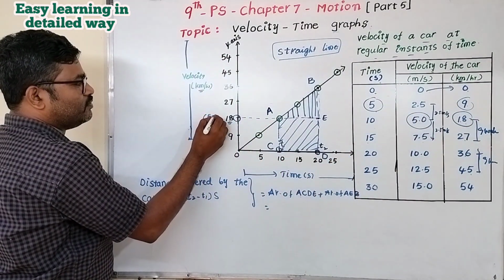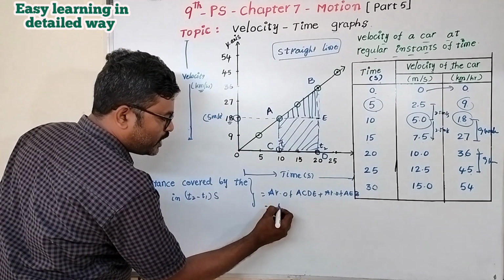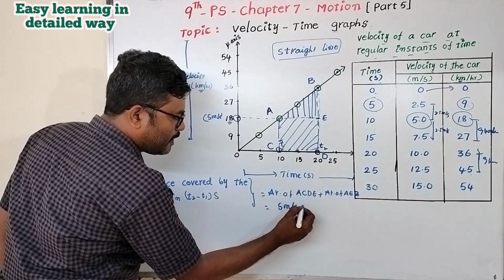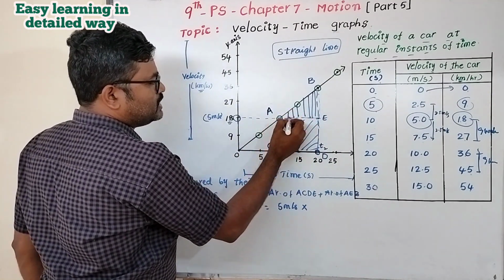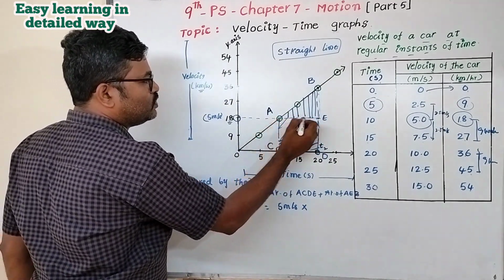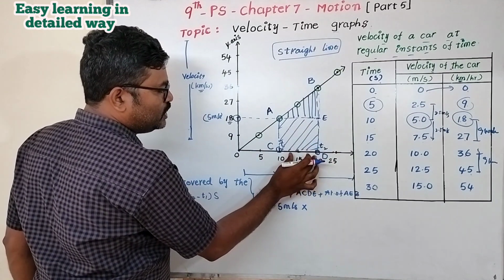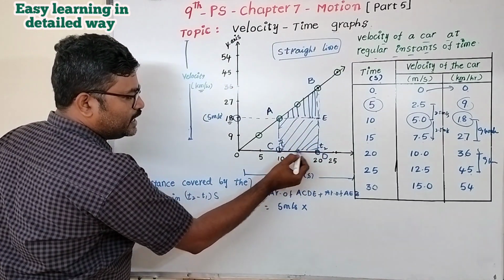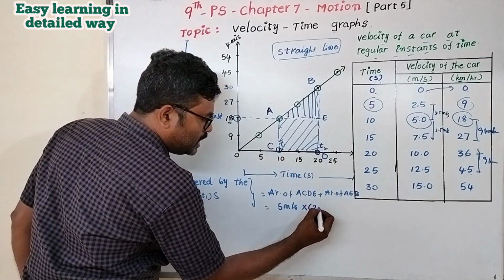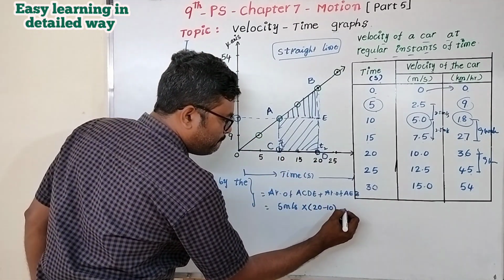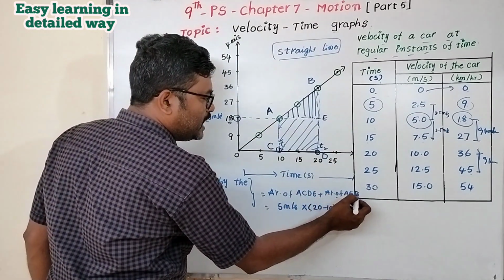So 5 meter per second into, and this one, that is AE, breadth into length. AE is what? T2 minus T1, the difference between these two, that is 20 minus 10. 20 minus 10 plus, see, area of AEB.